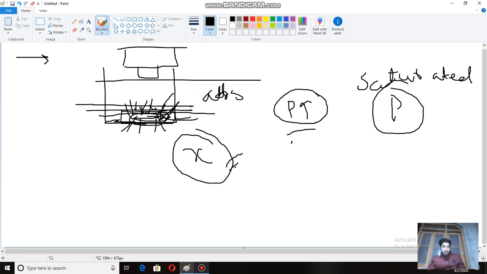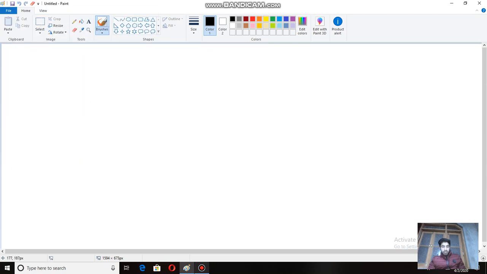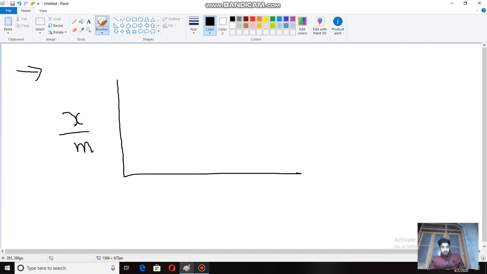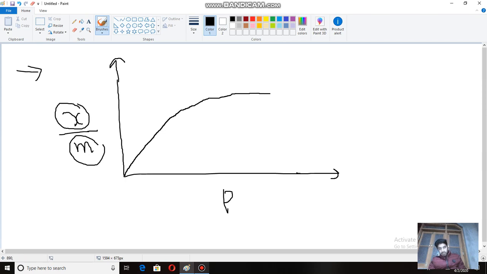Now if we draw a graph for this process, the increasing pressure process, x by m, the mass of adsorbate over mass of adsorbent, let's draw it versus P. We have seen that first the graph will increase and then it will flatten out, and the pressure where it has just flattened out is known as saturation pressure.